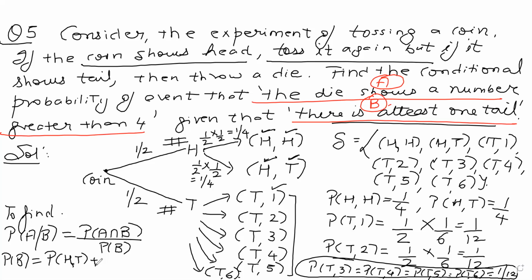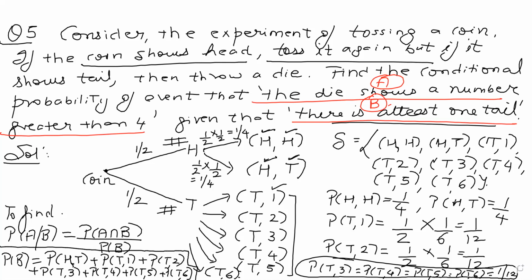So probability of HT plus probability of T1 plus probability of T2 plus probability of T3 plus probability of T4 plus probability of T5 plus probability of T6. Because in all these cases, you can see that we are getting T at least once.